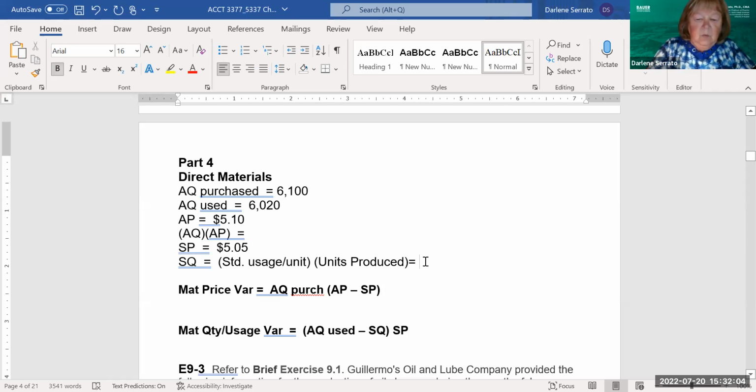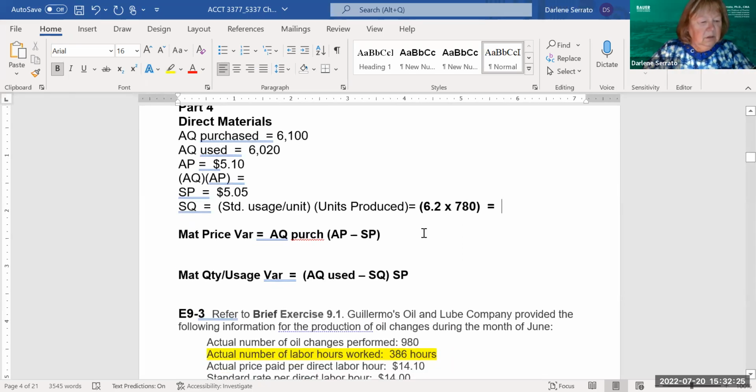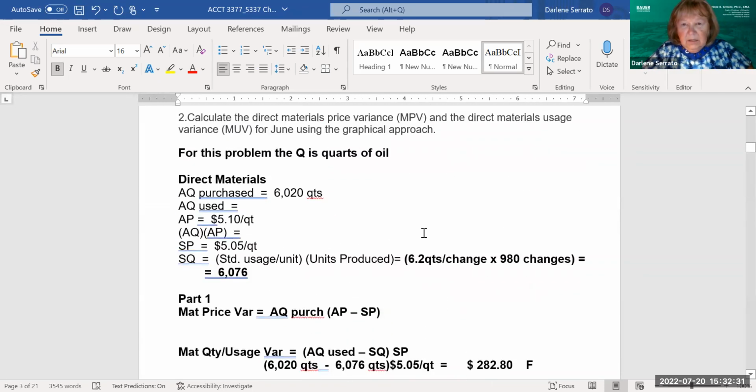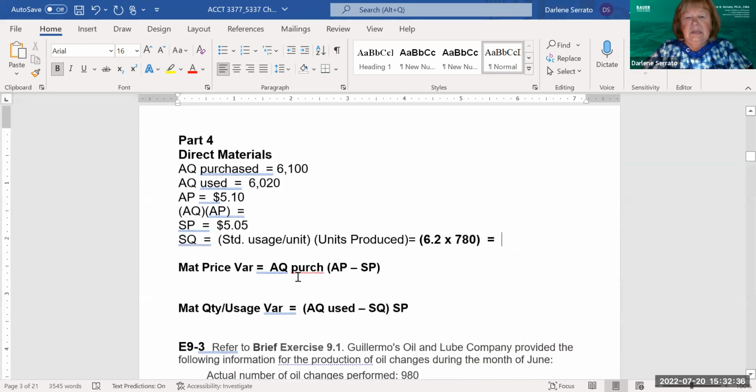SQ was 6.2 times 780, which equals the same number, 6,076. Is that what we had? 6,076.